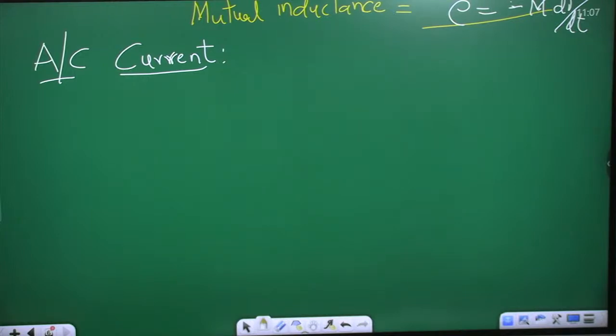One is modern physics and the other is communication systems. Once we are done, we'll be closing this session. Come on, we are in AC circuit. Try to write the formulas you know about AC circuits.